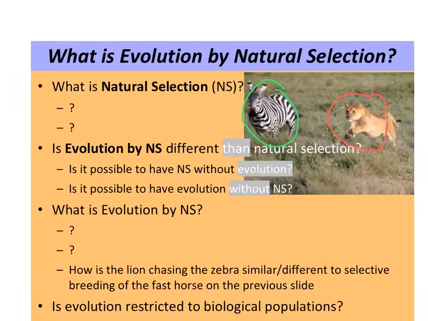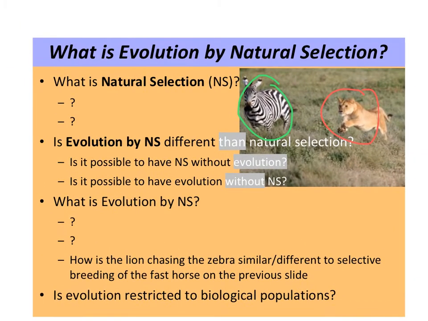Okay, so instead of artificial selection, in other words, me picking who's going to breed, in terms of horses, because I want to get the fastest horse out there, instead of me doing that, nature is doing that. In this case, for the zebras, the lion is a selective force.